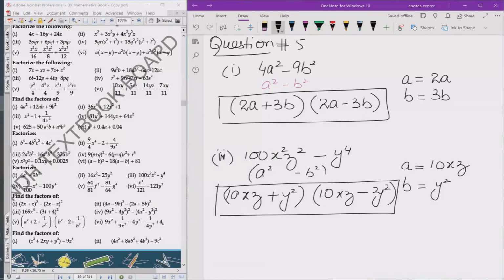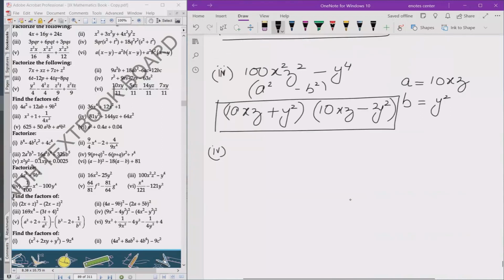Now we will solve question number 4. Question number 4 is 1 upon 100 x to the power 4 minus 100 y to the power 4. First we will decide what a is. A is 1 upon 10 x square and b is 10 y square.